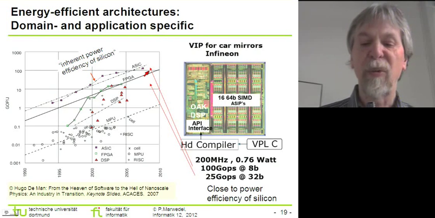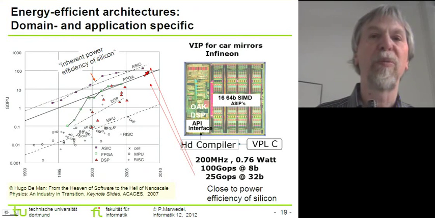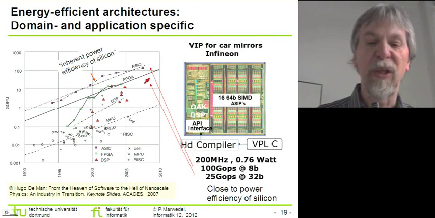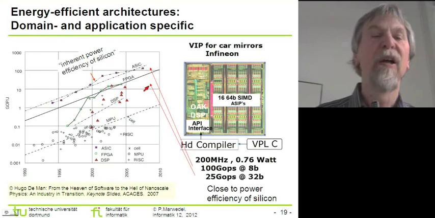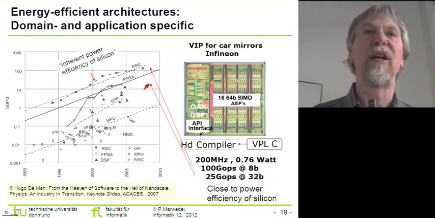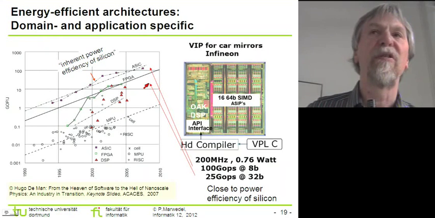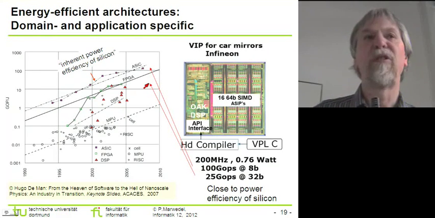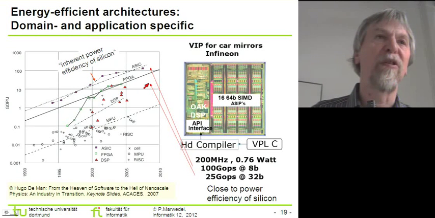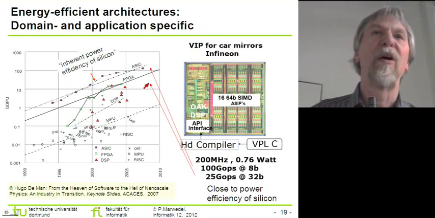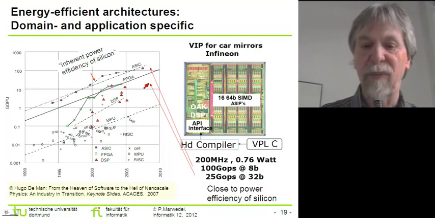And depending on whether we have 8-bit or 32-bit operations, we will be in different areas here, but we will still be in the kind of sweet spot area there. So we are actually getting pretty close to the energy efficiency of application-specific circuits, but we still have programmability.